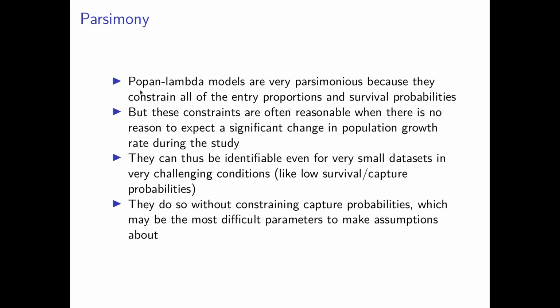So the Popan lambda models are very parsimonious because they constrain all of the entry proportions to fit a smooth growth curve, and they constrain all of the survival probabilities. But these constraints are often reasonable if you think that there's no reason that the population growth rate would change significantly during the study.